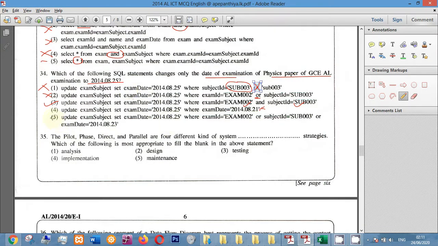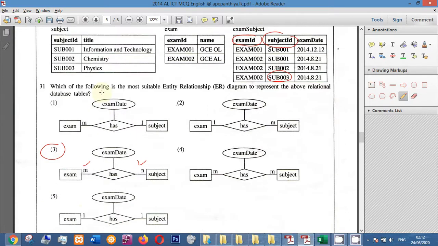Update exam subject set exam date where exam ID 2 or subject or, so we are taking the exam date as well. We don't need the exam date, we just need the exam ID and the subject ID only. Okay, so hope you're clear how we came up with the answers.